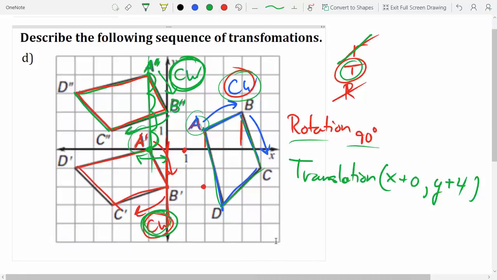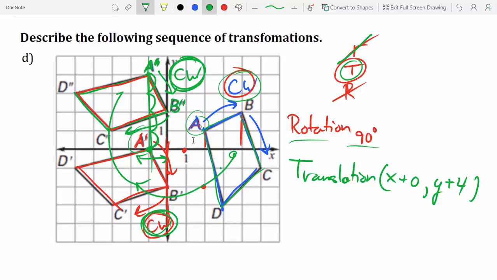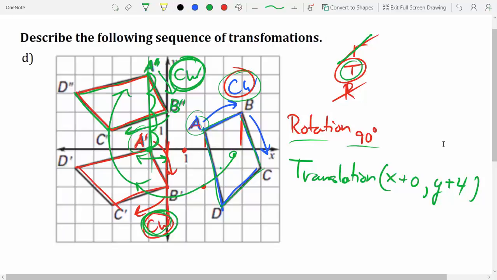So to end it, this would be a rotation of 90 degrees, since it's shifting one quadrant. It's not going 2 quadrants. From here, that's like 90, and then it would have to land up there to be more than 90. And then it ends with that translation.